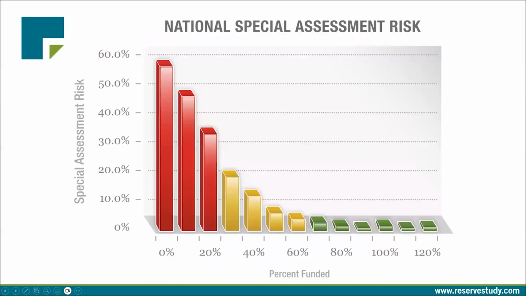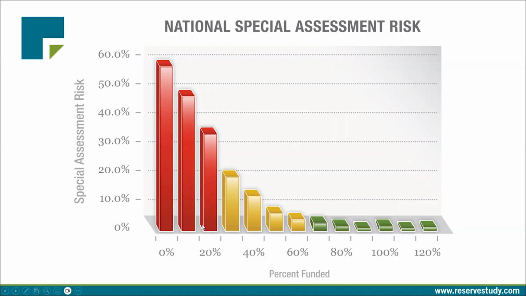And the reason is because this is what we learn. If we plot percent funded, and I go from 0 to 120% here, it is very possible for associations to have surplus cash. If your association has what we call a weak percent funded, meaning it's in the 0 to 30% range, look how much exposure you have to special assessments, basically running out of cash and needing an extra source of income.